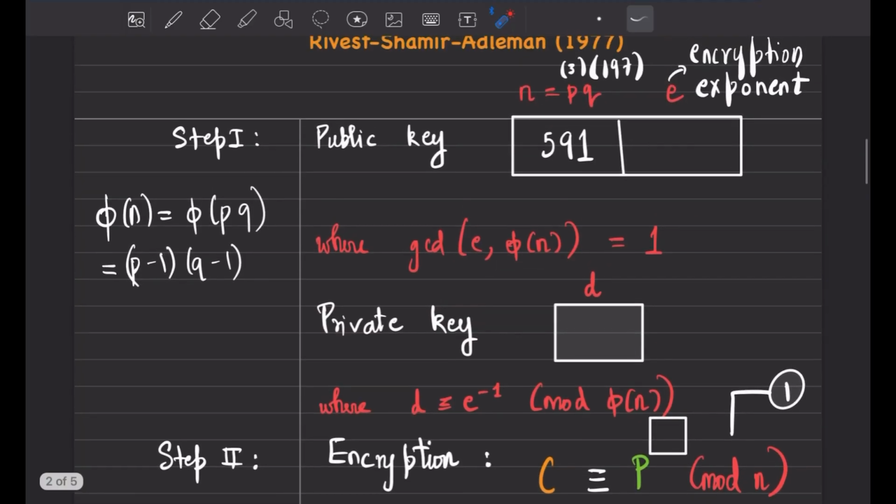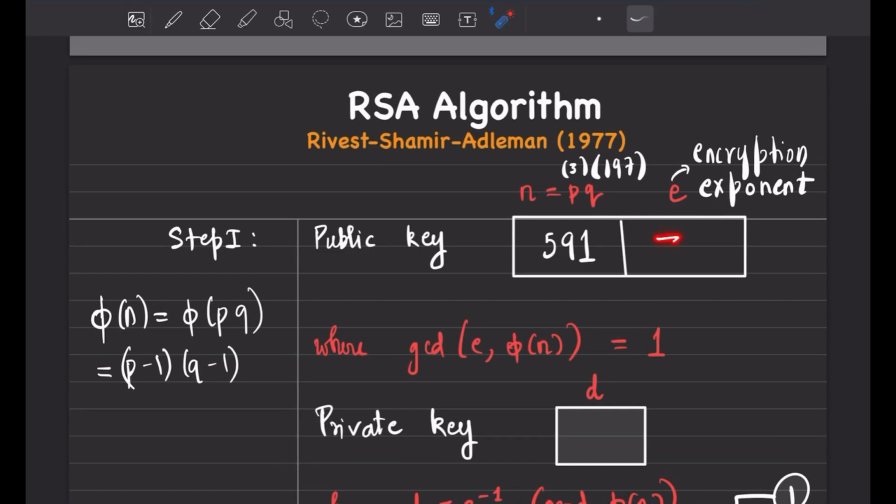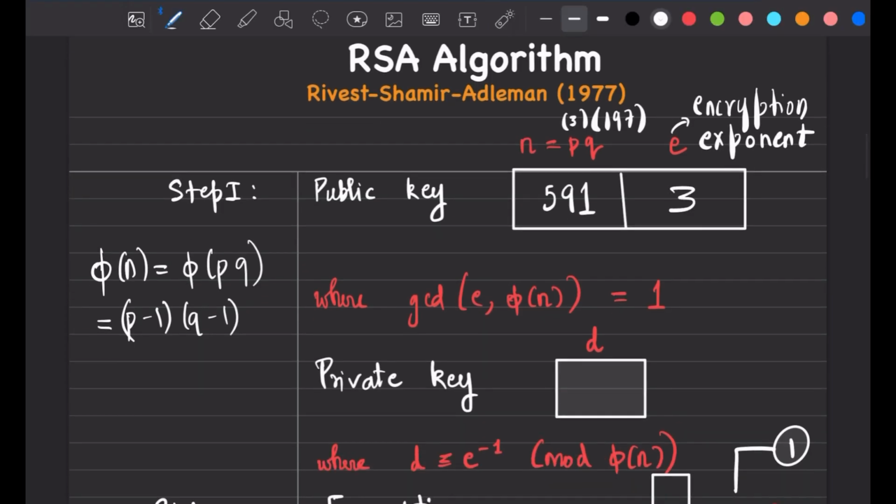So now let us look at the encryption exponent. In our case, let us take 3 as the encryption exponent here, because 3 is co-prime with phi of n. Let's first calculate this phi of n. Phi of n is going to be 3 minus 1 into 197 minus 1, which is 2 multiplied by 196, which is nothing but 392.